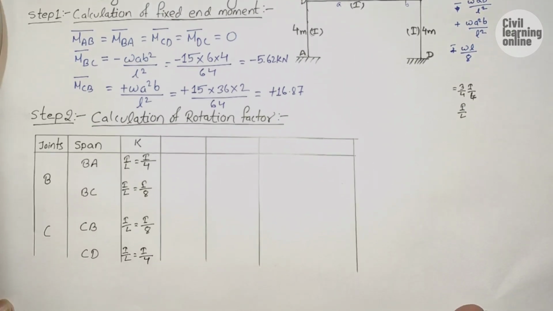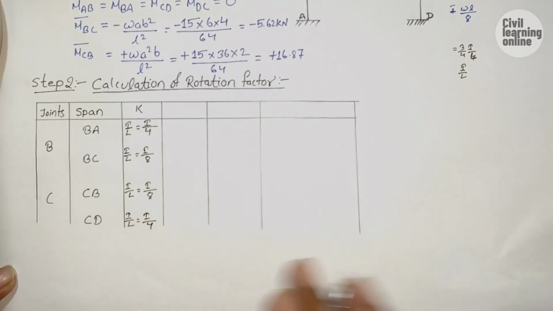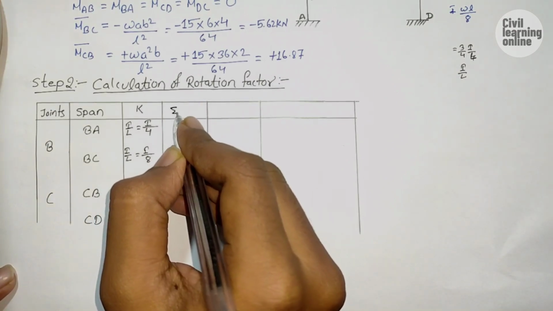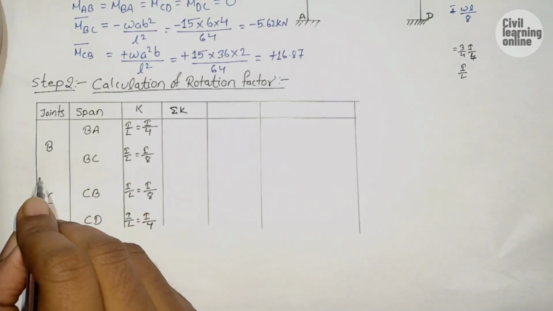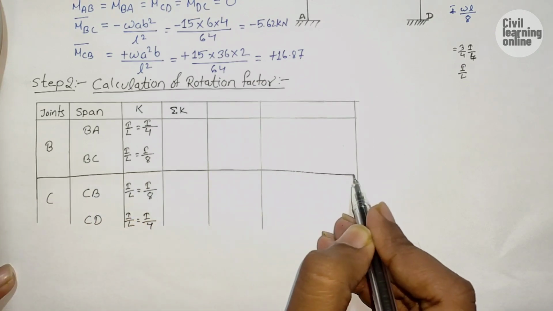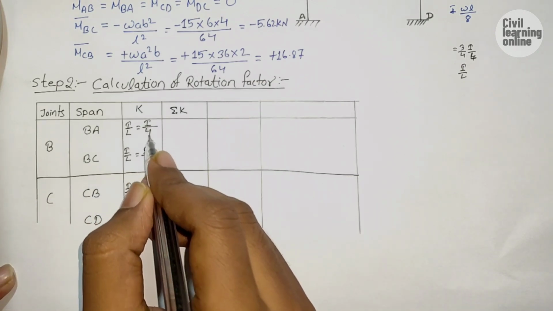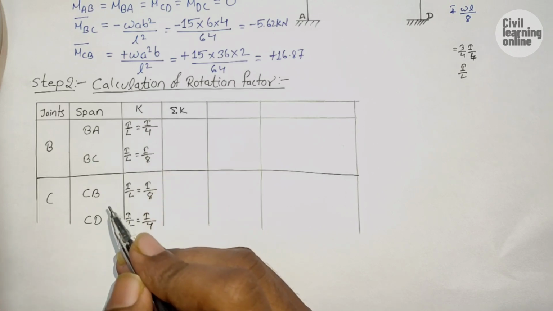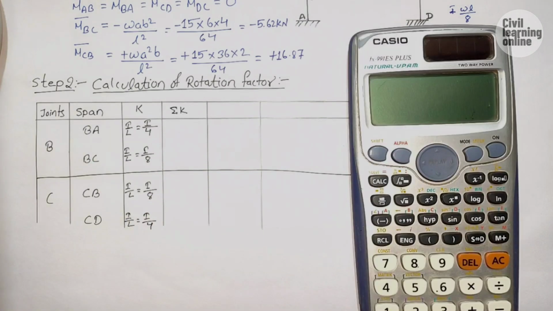Now after calculating the value of K, we need to find summation K, and for summation K what we need to do is just add these values, I upon 4 and I upon 8. Let me show you how to add the values.